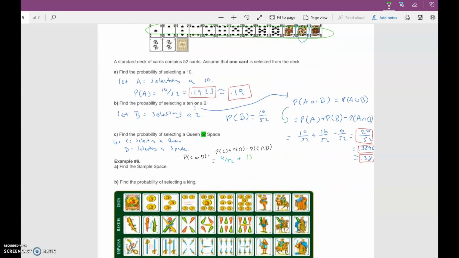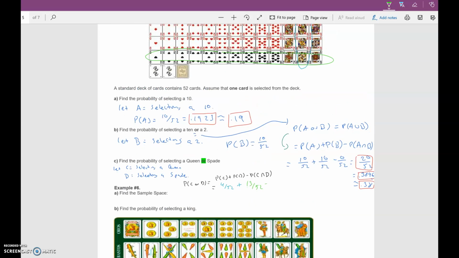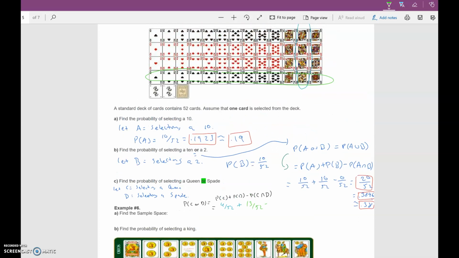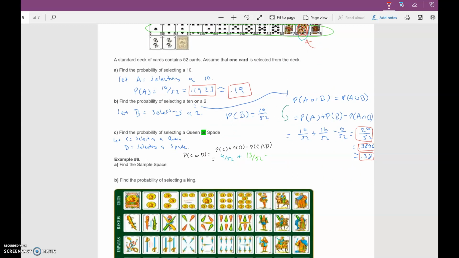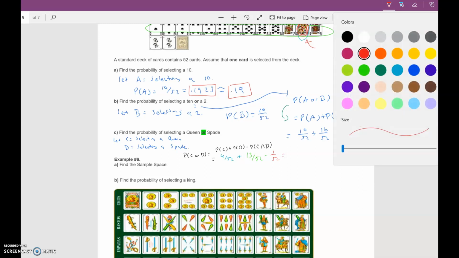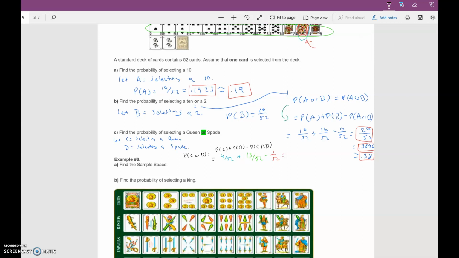So plus 13 out of 52 minus, technically the events in the intersection, and you do have technically one value in the intersection, which happens to be this queen of spades, minus 1 out of 52. So we're going to end up with, I'm counting 16. So for this one, it'll be 16 out of the values of 52.